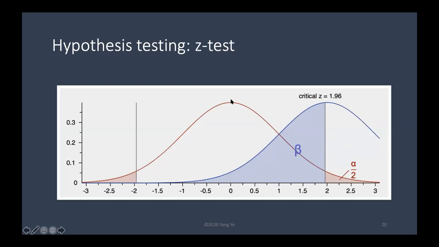But the red curve is the z-distribution of a mean of 0. Okay. So for our case, z is 2.0, therefore above the critical z of 1.96, right? Defined by the half of alpha. Again, this is a two-tailed test, right? So instead of alpha, it is alpha divided by 2.